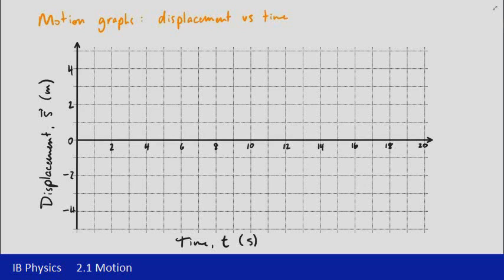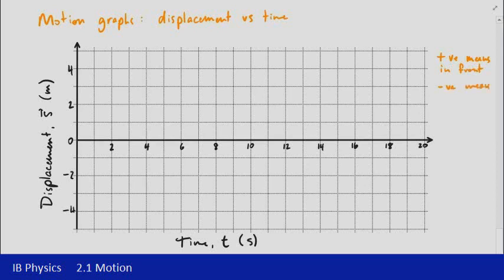part of the axis. One other thing that's important to note here is when you're talking about displacement, if you're using a negative, you need to make it clear what that negative actually means or what it relates to. In order to do that in this case, I'm just going to make a note over to the side here, that positive means in front of the observer or the person who's making these measurements, and negative means behind.